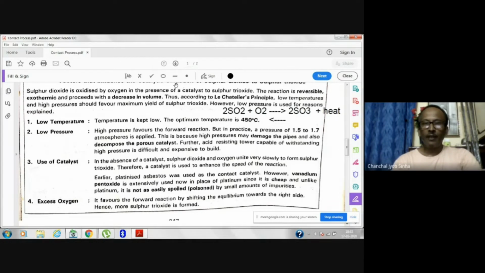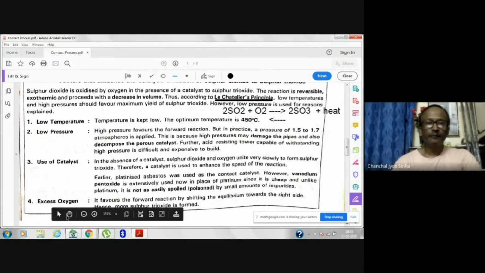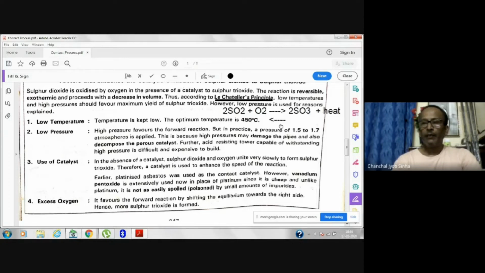Now, according to Le Chatelier's principle, in case of a reversible exothermic reaction, when heat is supplied from outside, the reaction tends to go in the direction in which the heat is absorbed.